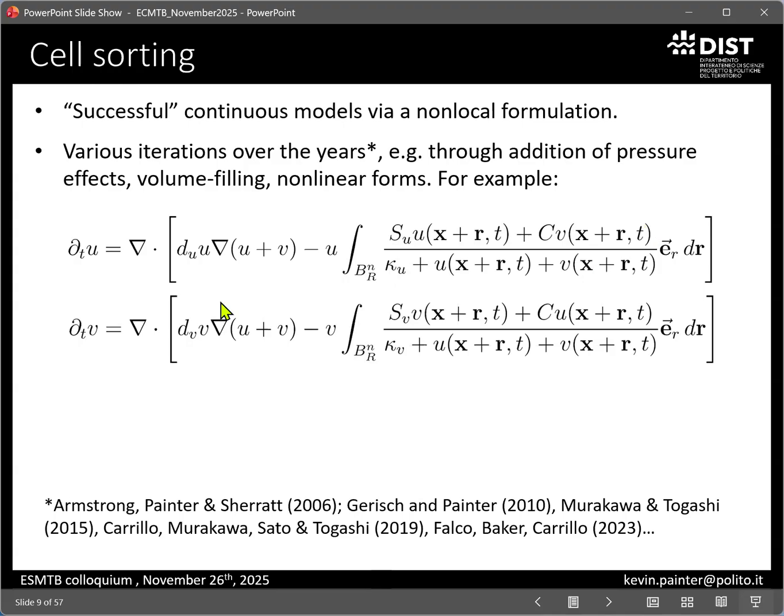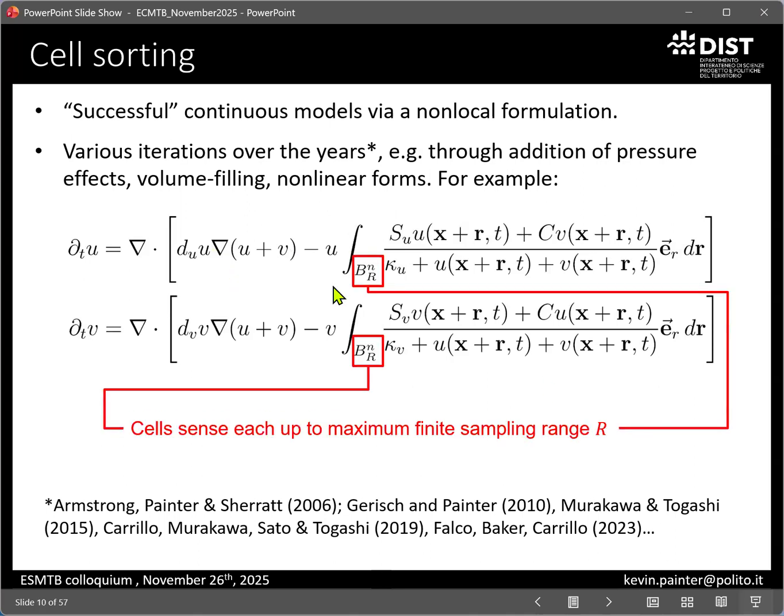A nice recent addition has been to include a population pressure term in there as well, which has proven to be a good phenomenon to include in this model.